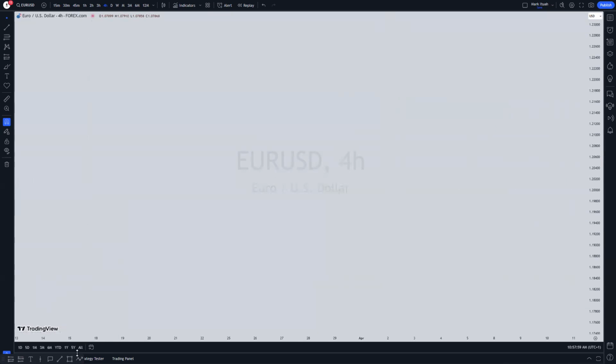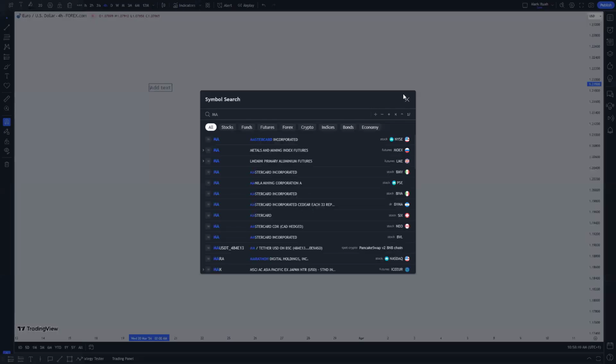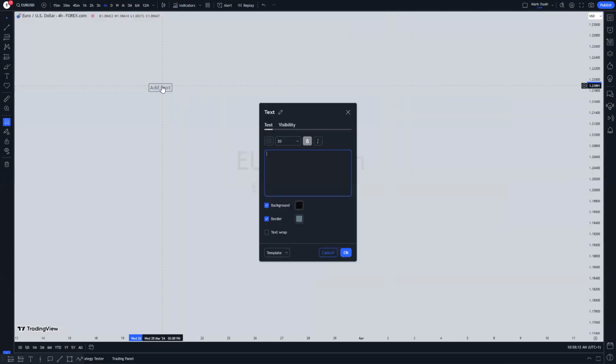The previous market structure I talked about was higher highs and higher lows. Market structure can further be divided into major market structure and minor market structure.